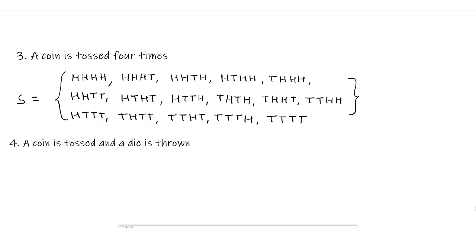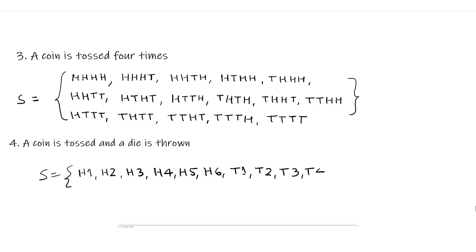So our sample space in this case will be head in coin and 1 in die, head in coin and 2 in die, head in coin and 3 in die, head in coin and 4 in die, head in coin and 5 in die, head in coin and 6 in die, then tail in coin and 1 in die, tail in coin and 2 in die, tail in coin and 3 in die, tail in coin and 4 in die, tail in coin and 5 in die, and tail in coin and 6 in die.